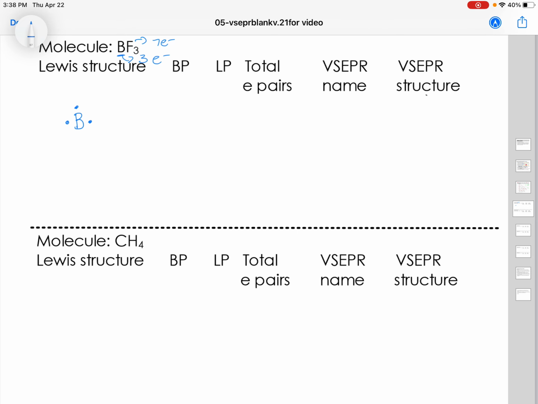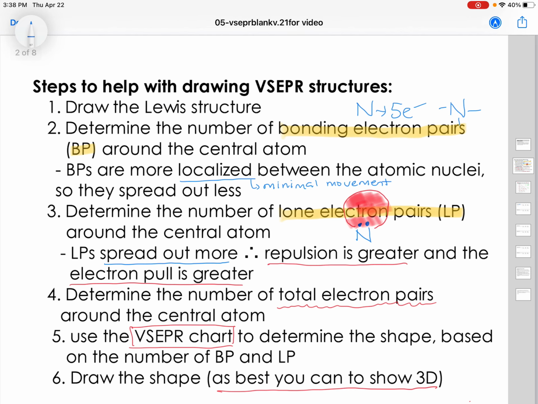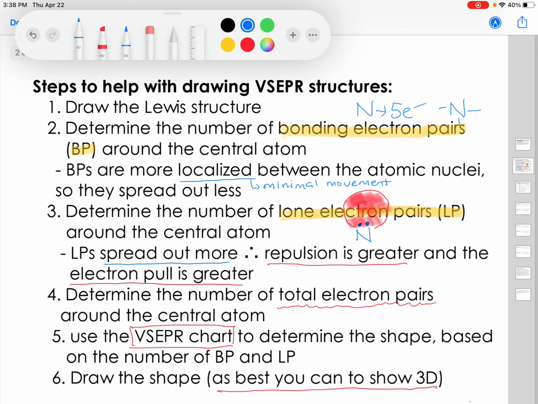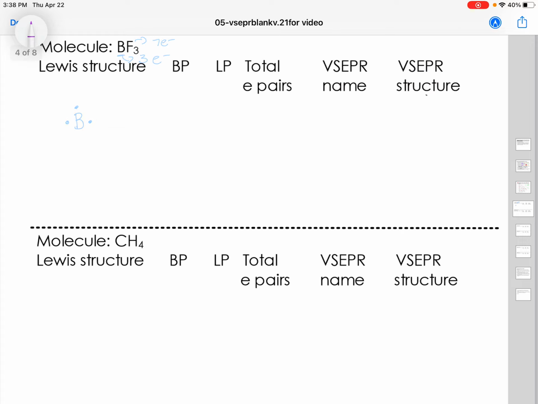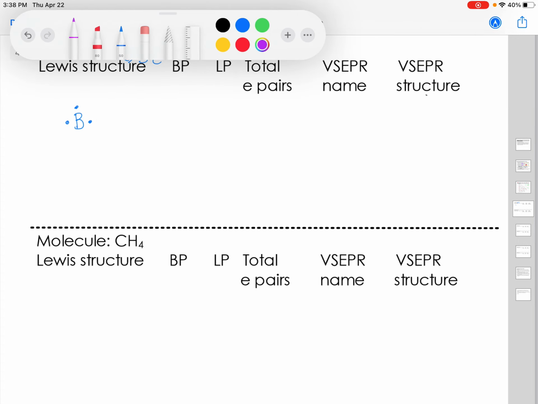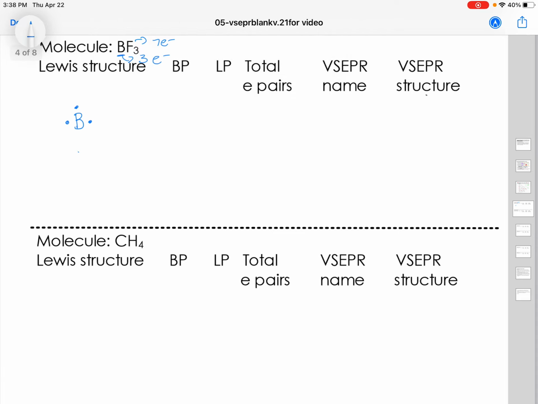But back up here, it said we're going to count, I'm even going to pick a different color, the number of bond pairs around the central atom and the number of lone pairs around the central atom. In this case, the central atom is boron, which means that's the one I'm going to care about. So fluorine, even though it has 7 valence electrons, you don't really need to draw all 7.